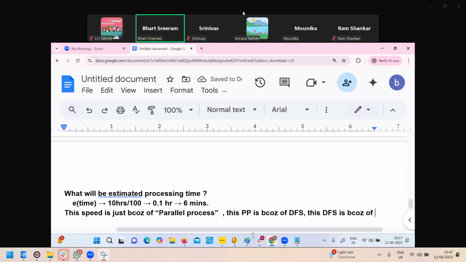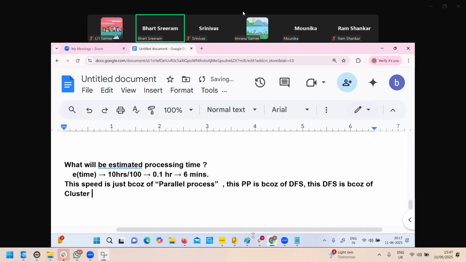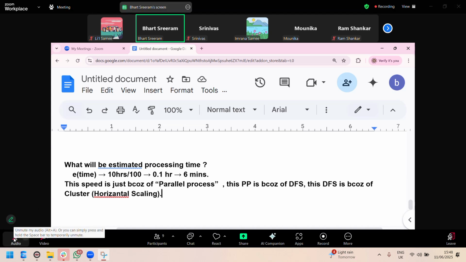To implement DFS, what is the eligibility? Cluster. Because of cluster, what is possible? Horizontal scaling. Because of the horizontal scaling facility, cluster is done. Because of cluster only, DFS is possible. Because of DFS, parallel process is possible, because your file data is not stored in a single machine. Data is distributed across multiple machines. Understood?